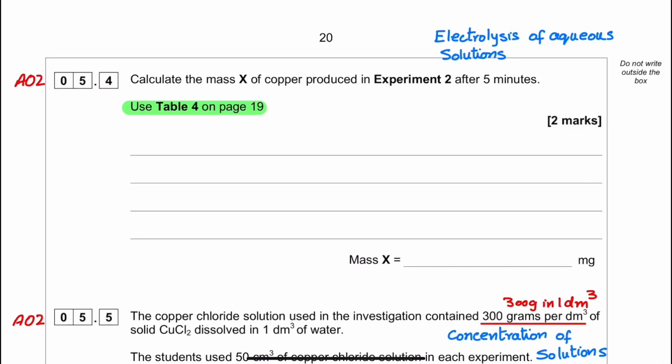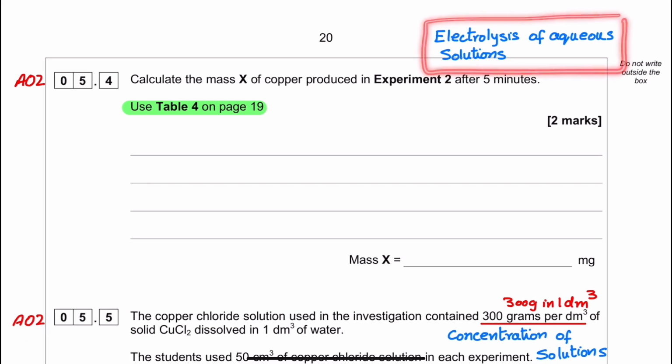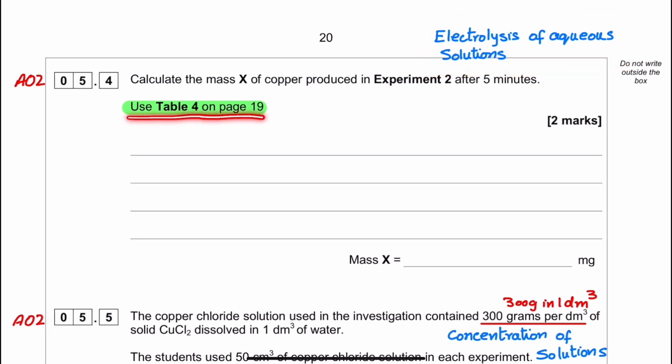5.4 is an AO2 question. Calculate the mass X of copper produced in experiment 2 after 5 minutes. It's from the same topic, electrolysis of aqueous solution. Use table number 4 on page number 19. In this question, we need to find the value X in table number 4.